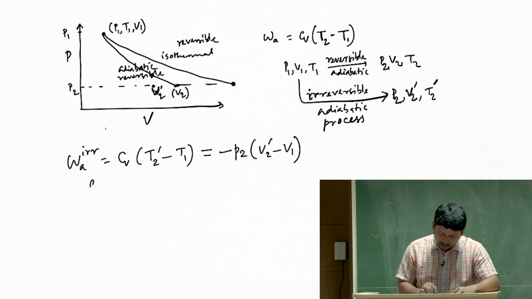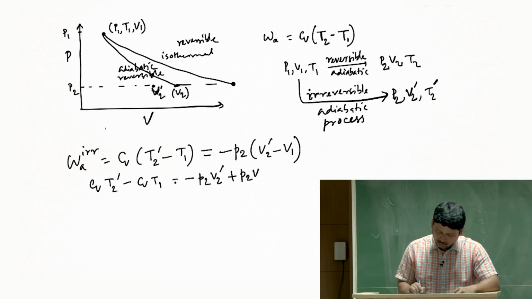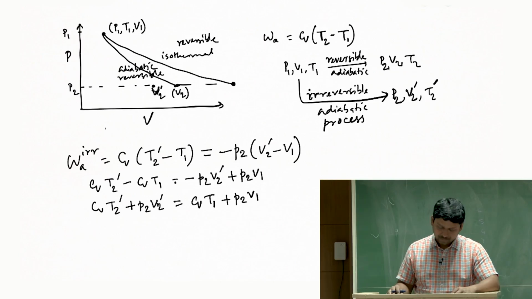Now, if we write down the equation, it will be Cv T2 prime minus Cv T1 equal to minus P2 V2 prime plus P2 V1, and then we rearrange the equation. We will write Cv T2 prime plus P2 V2 prime is equal to Cv T1 plus P2 V1.